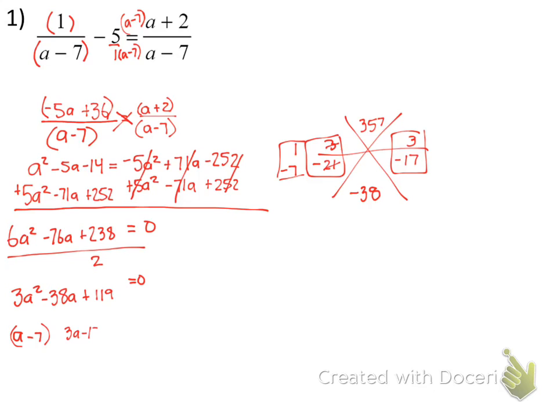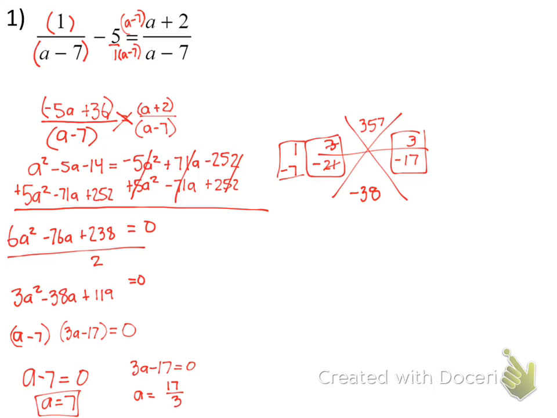Okay, we're on the home stretch here. Zero product property now. a minus 7 is equal to 0, and 3a minus 17 is equal to 0. I'm going to skip some steps here. a is equal to 7, and a is equal to 17/3.